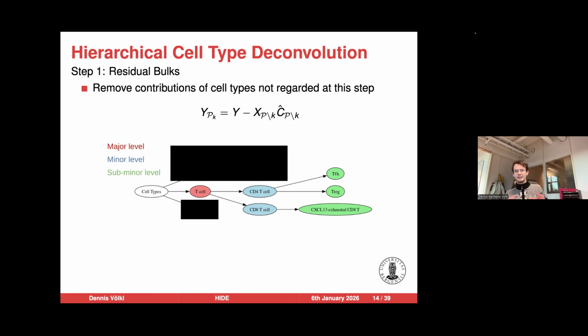I hope that this illustration now makes this clearer. For example, in the next step, we are interested in the deconvolution of the T cell subtypes. So we try to get a residual bulk that only contains the T cell RNA data and is rid of the epithelial cells and the NK cells.